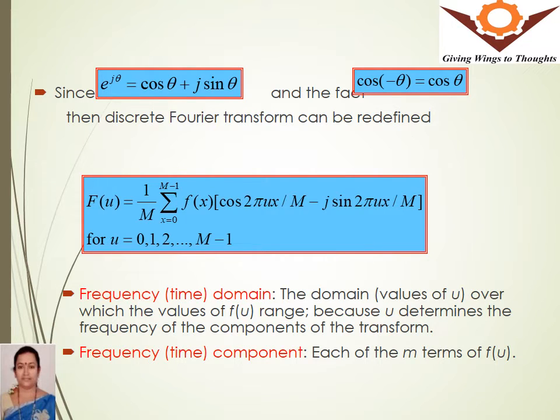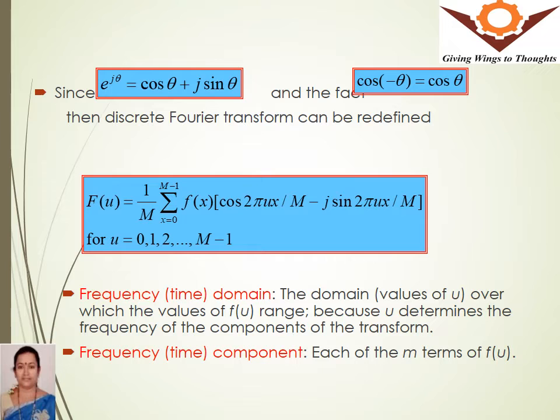Already we know e power j theta is equal to cos theta plus j sin theta, and cos of minus theta is equal to cos theta. Then the discrete Fourier transform can be redefined as f of u equals 1 by m sigma x equals 0 to m minus 1 f of x.